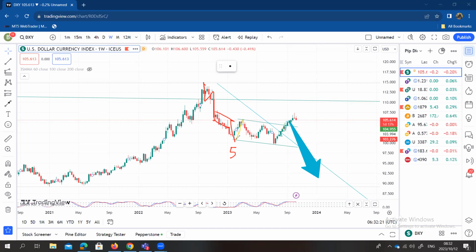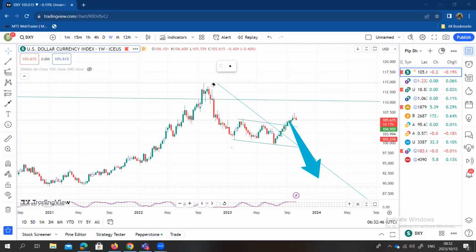So that's A, B, and C. And we are right at the termination point of wave C, expecting very, very crazy moves to the downside. In other words, I'm expecting the US dollar to crash.